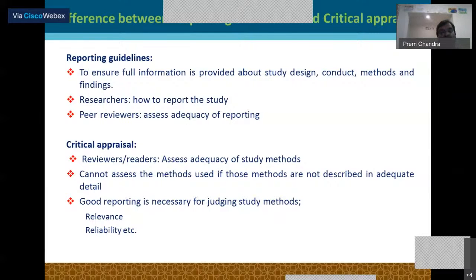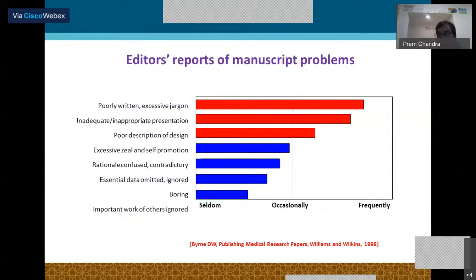This is why I again and again focus on this: when you plan any RCT study, make sure you start from the day you start the planning, the day you start the designing, the day you start the study conduct. All the steps have to be very well planned in advance, because in an RCT study design, our planning has to be very perfect. Our steps in the design have to be very adequate.